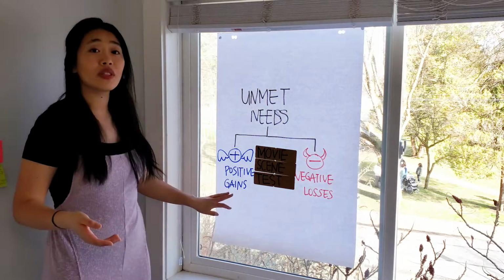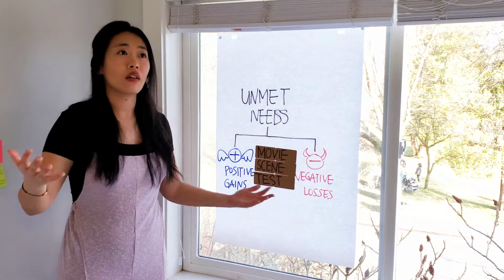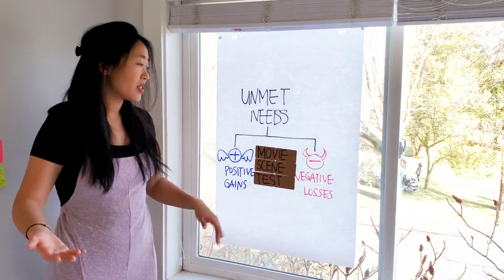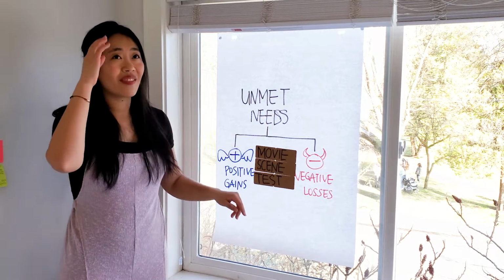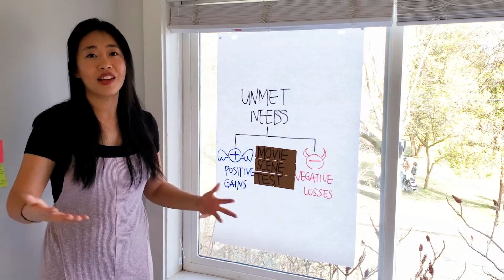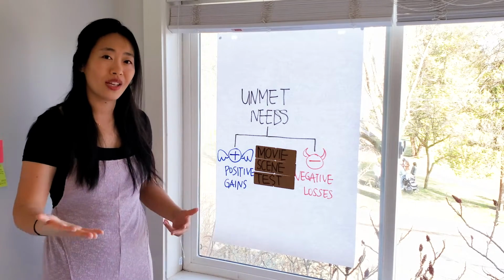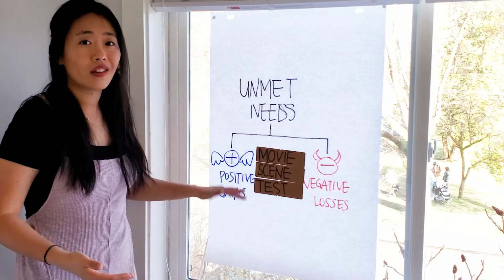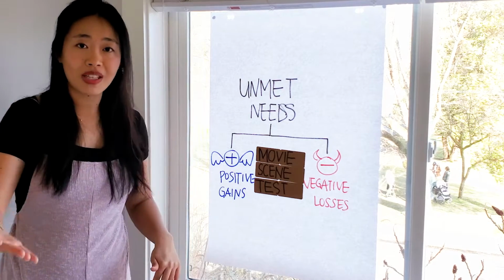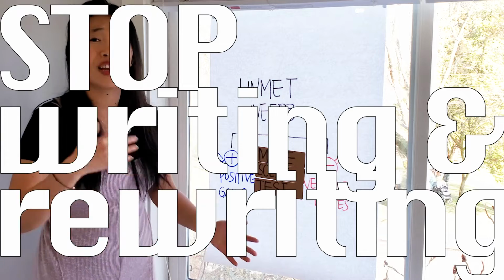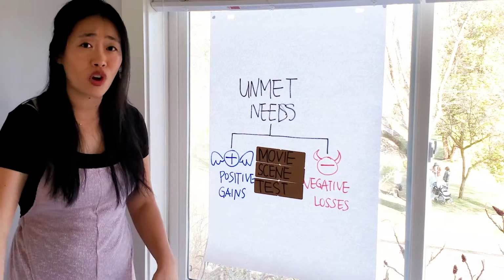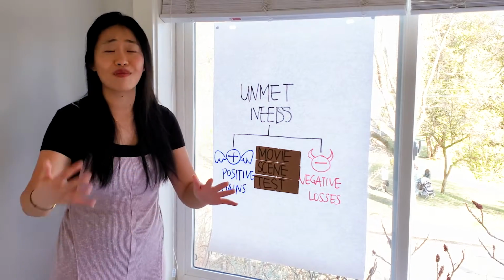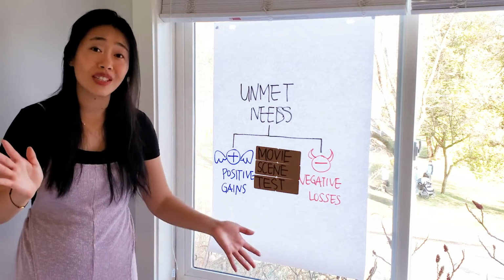So let's say the positive gains of working with me is that you get a clear message for your business. That's really abstract, right? It's not interesting, and definitely you can't visualize what that really looks like. You'll have to work hard to visualize what that means for you, right? But if I say something like, you'll get clarity with your business message, so you can stop writing and rewriting your website, stop rewriting and rewriting your email sequence, whatever it is, right?